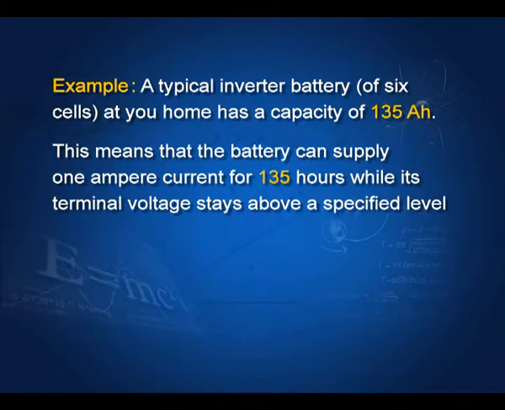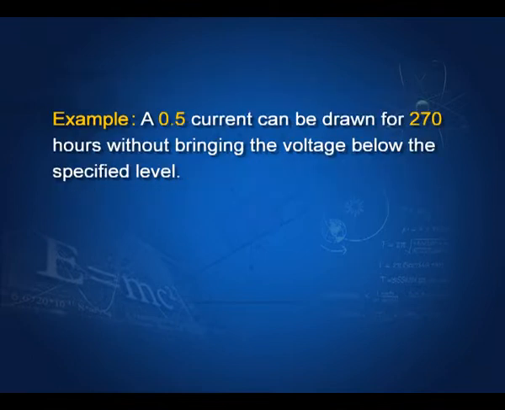If I specify a certain level, then it can supply current so that the voltage remains above that level, and 1 ampere can be supplied for 135 hours. If I draw only half an ampere, this will be 270 hours, and like that.